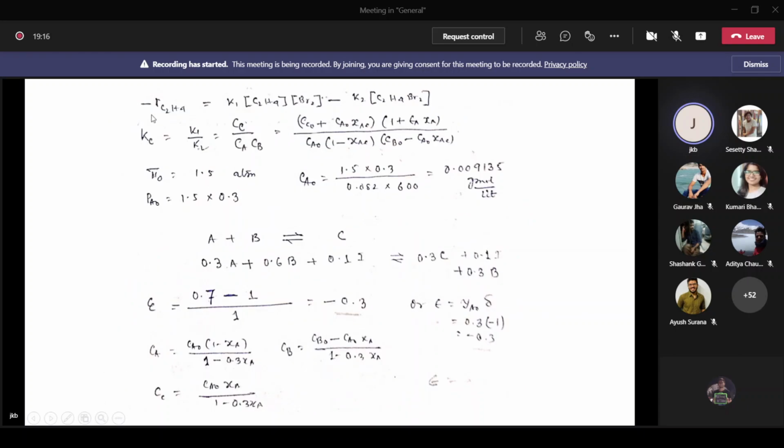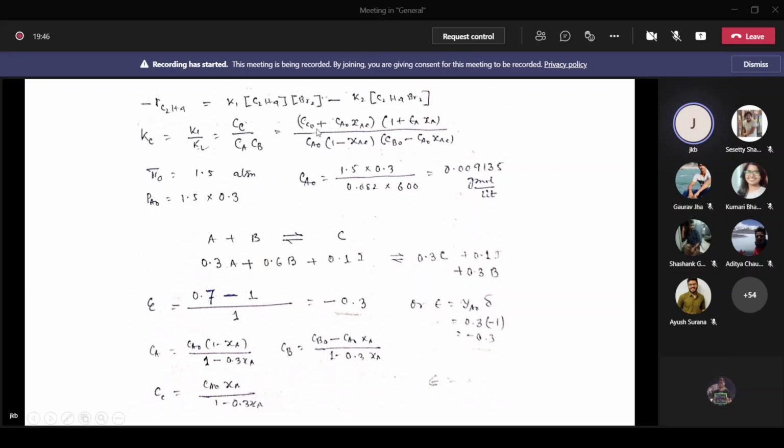Write the reaction rate equation: K1 multiplied by concentration of A and B, minus K2 concentration of C, which is the product. An equilibrium constant should be used in this equation, written as the ratio of rate constants. And what is Cc?